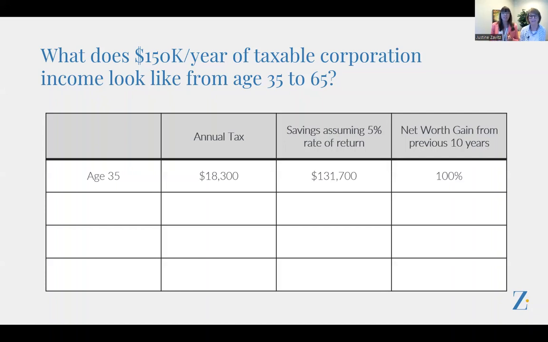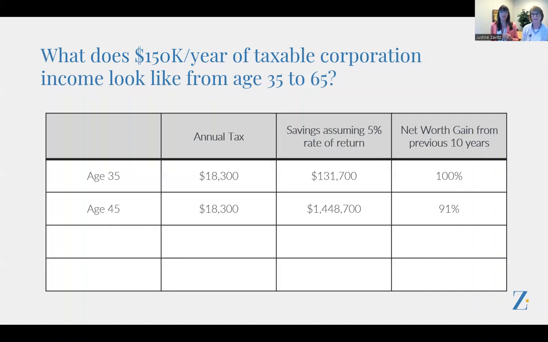So every single year, this person has been saving away $131,700 and has been earning a 5% rate of return. So 10 years later, this age 45 person is still subject to the small business tax rate.